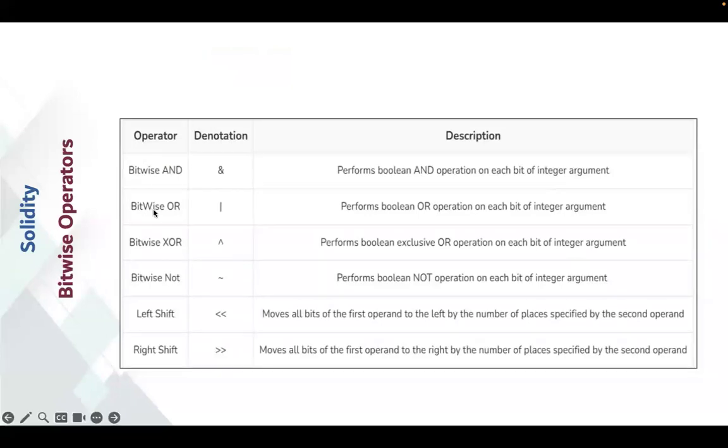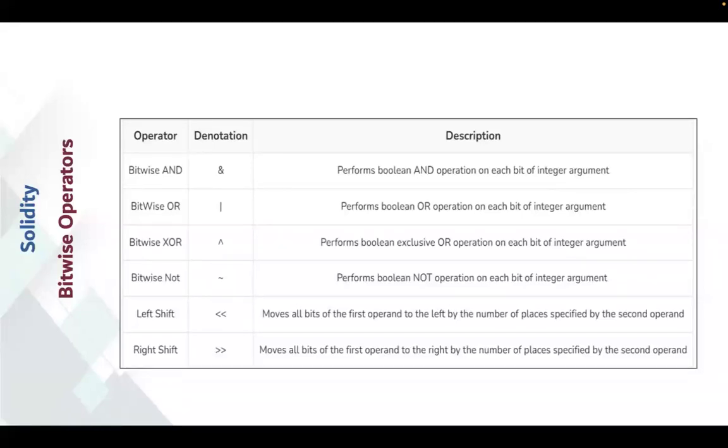Bitwise OR performs a Boolean OR operation on each bit of the integer arguments. Bitwise XOR performs a Boolean exclusive OR operation on each bit of the integer arguments. Bitwise NOT performs the Boolean NOT operation on each bit of the integer argument.